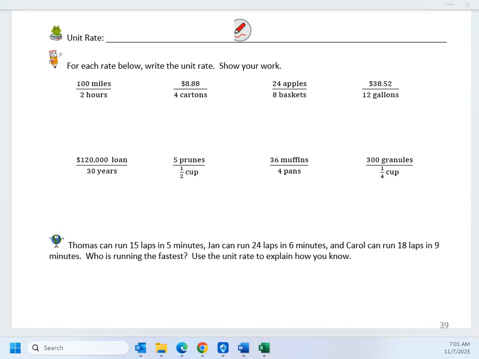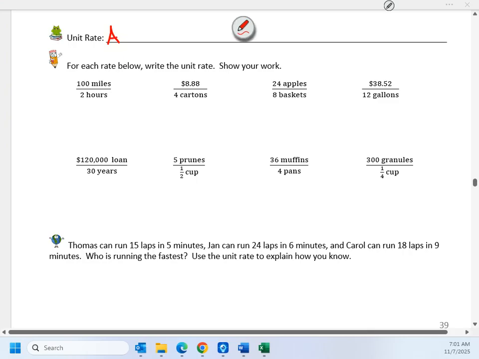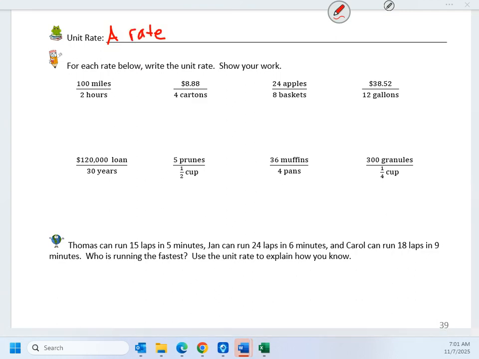A unit rate is a rate with a denominator of 1. Always, always, always. If it is a unit rate, that denominator needs to be a 1.